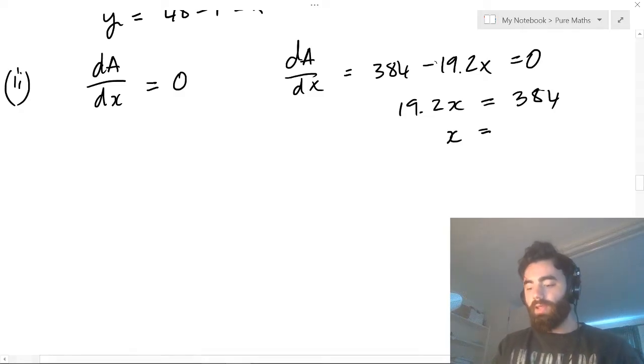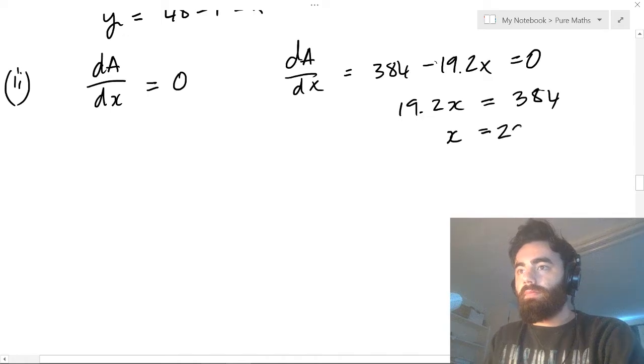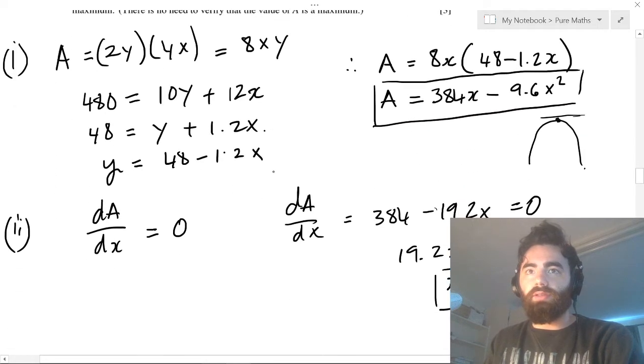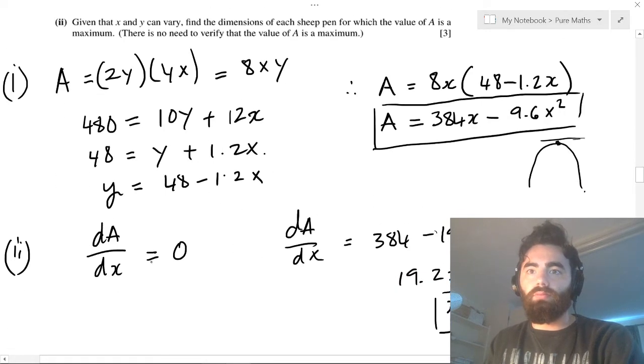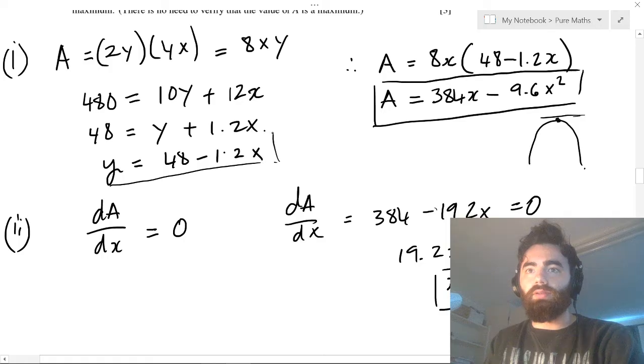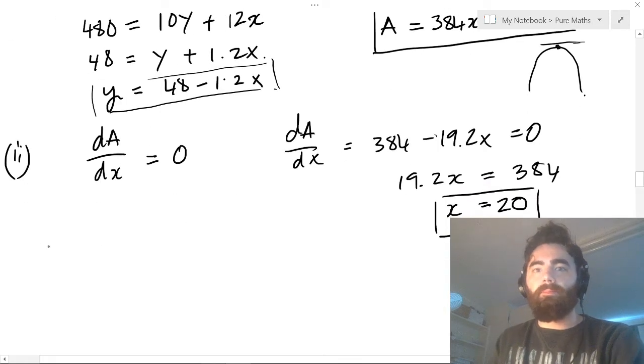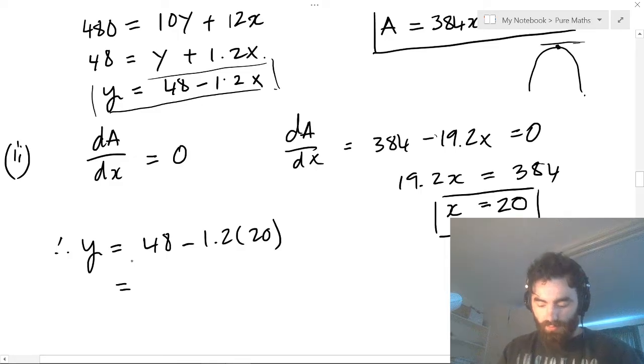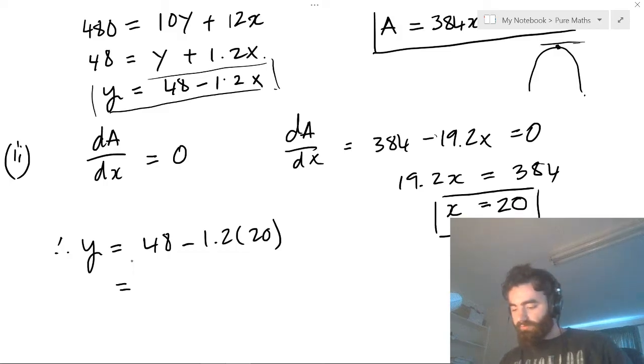And then if you wanted to find the other dimension, the y dimension, you can just substitute it into this equation, the equation relating x to y. So therefore our y will equal 48 minus 1.2 times 20, which is 24, so 48 minus 24.